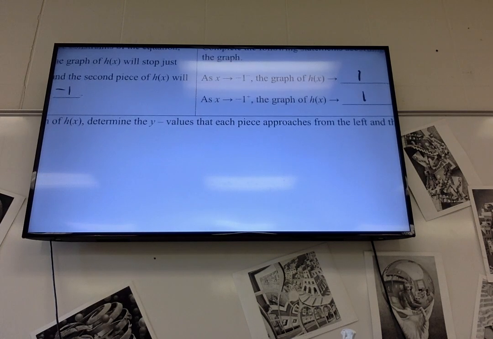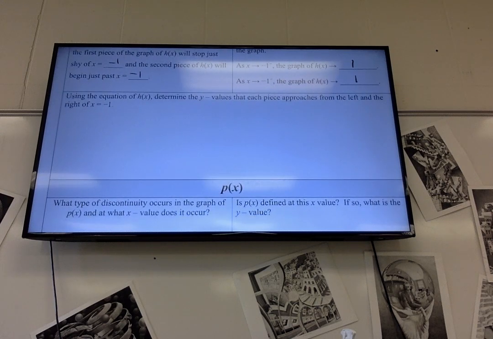Okay, so now we do the same thing but with the equations. So as x approaches negative 1 from the left, we use the top equation. h of x approaches the absolute value of x, which is -1, plus 4, and then minus 2.